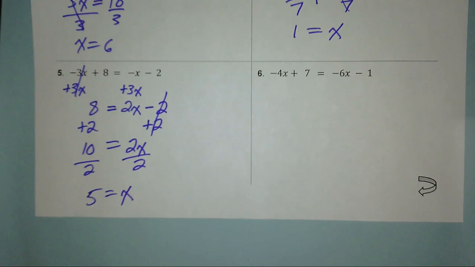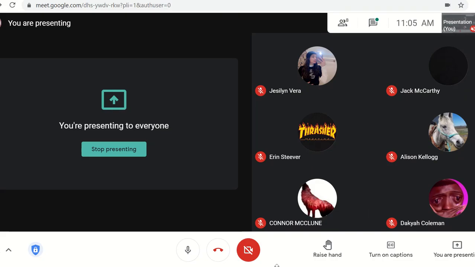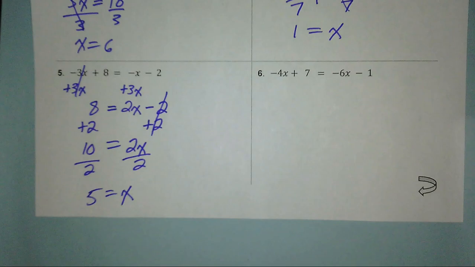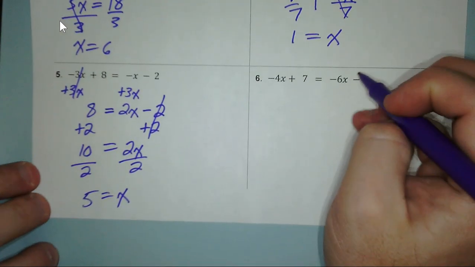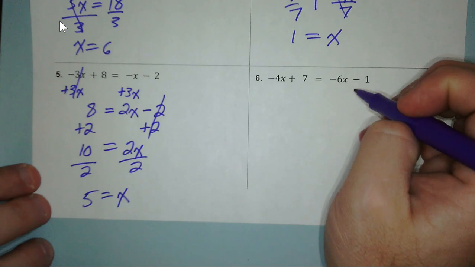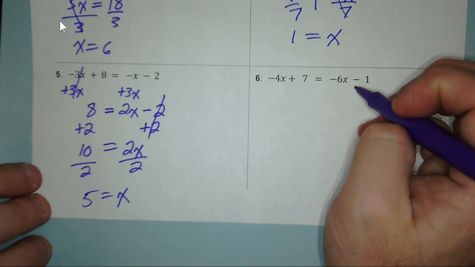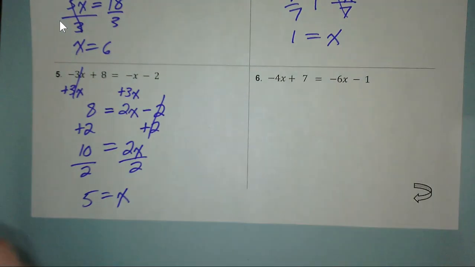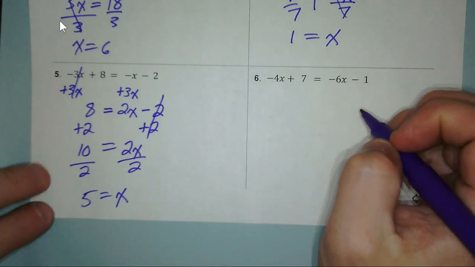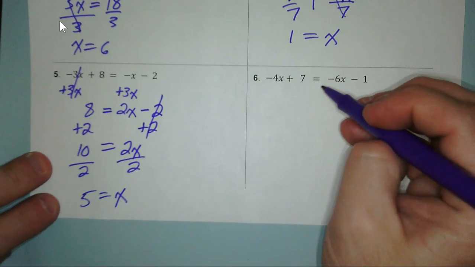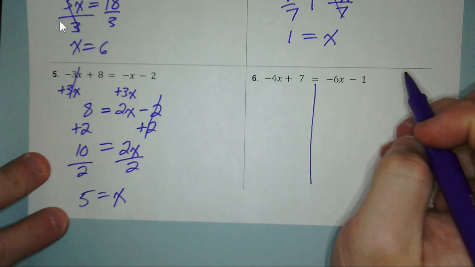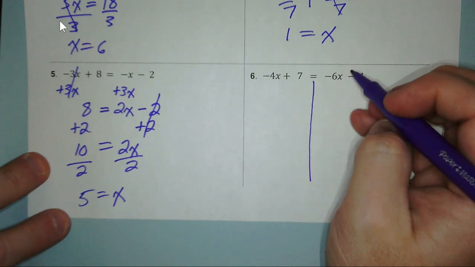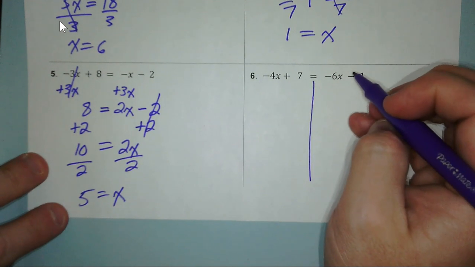All right, Connor, number 6. What's the first thing you want to do in number 6, Connor? First, you want to move the x, so I always move the one that's on the right.